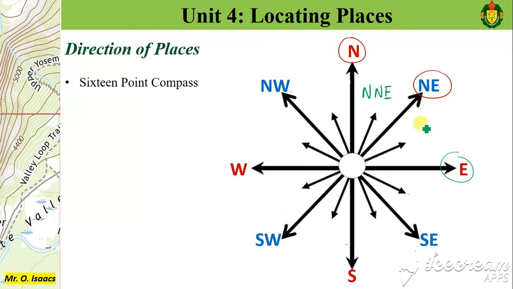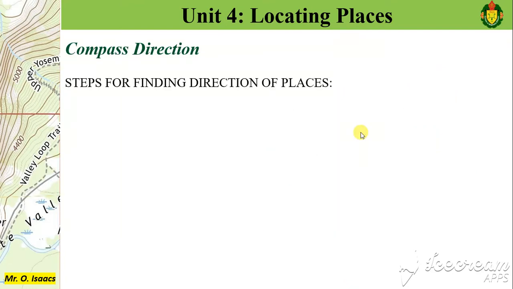East would come first, followed by the northeast, and then we continue with that principle as we go along the points, as we can see here. So this is an easy way to remember the points. North and south, they're the dominant ones, followed by east and west.